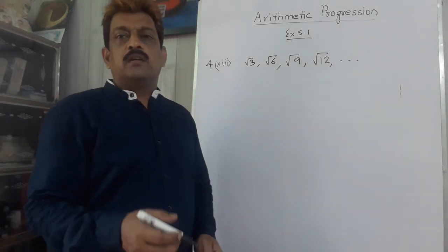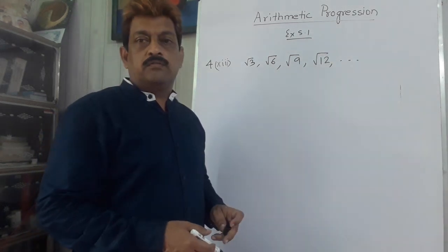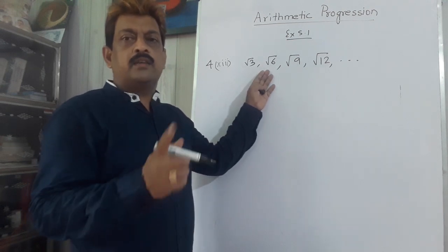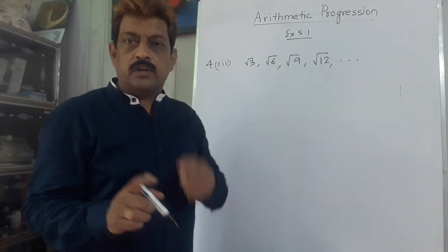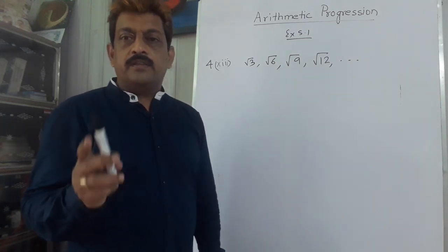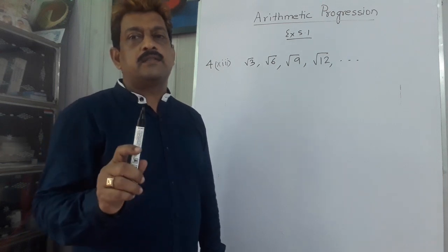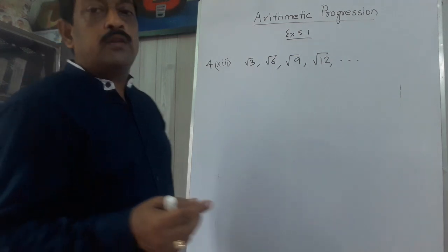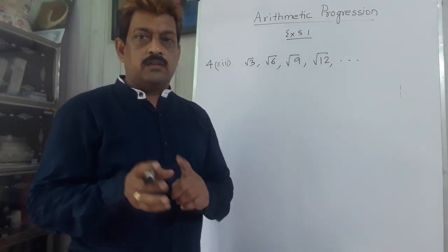Many will think that 3 has been added in each case. 3 has been added to 3 to get 6, again 3 to get 9, again 3 to get 12. But I have told you earlier, addition or subtraction under root cannot be done like this, because numbers under root have a different way of adding and subtracting.